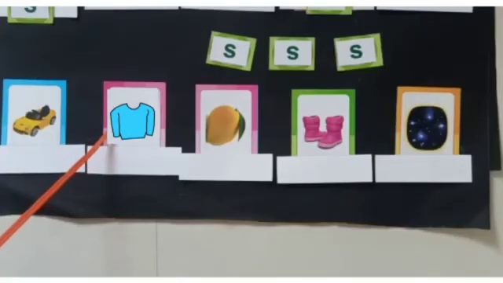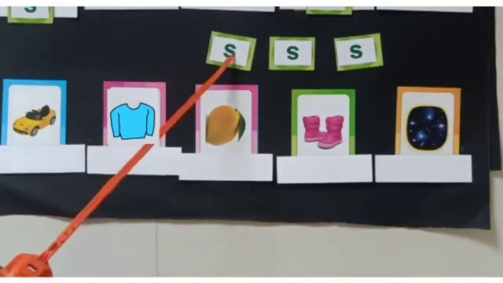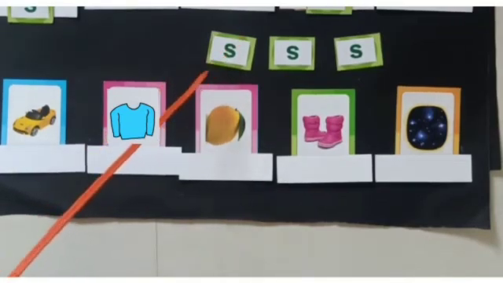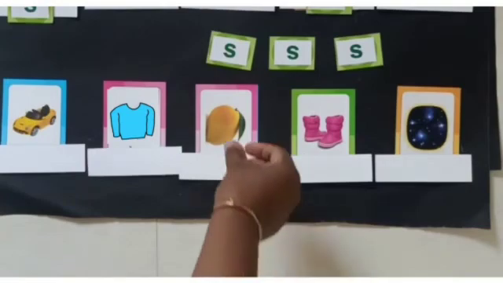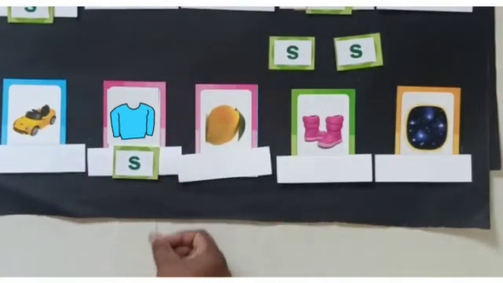Now tell me, which picture is this? This is the picture of a sweater. Now does sweater start with alphabet S? Yes, it starts with the sound S. Right? So we will take alphabet S from here and place it below the picture of sweater like this.